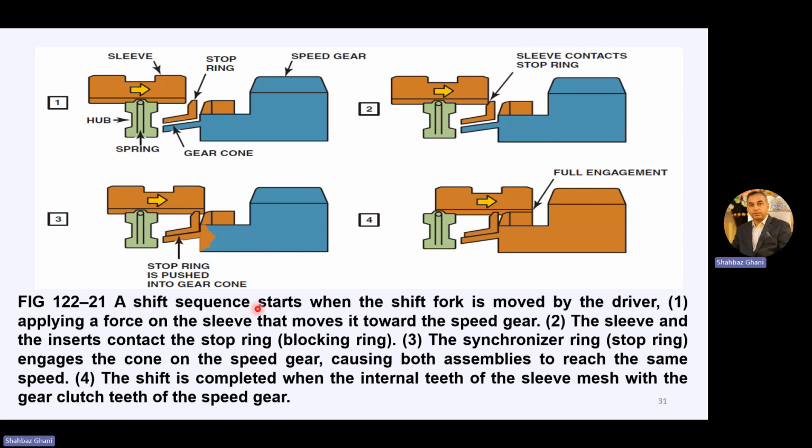A shift sequence starts when the shift fork is moved by the driver. So the shift fork is moving this sleeve. First, it applies a force on the sleeve that moves it towards the speed gear. So we apply the shift fork lever here and it is moving in this direction.